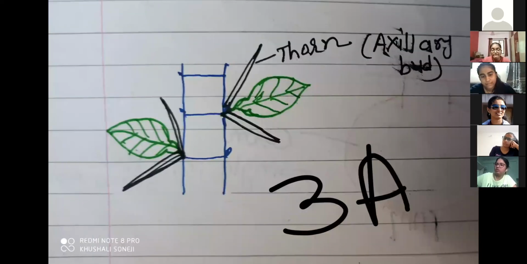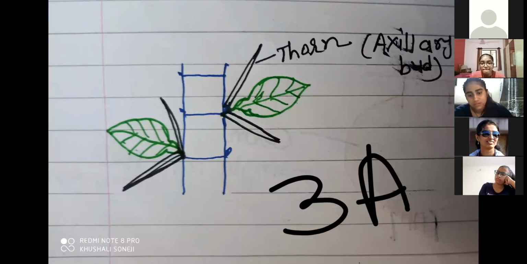Now the next modification that we call thorn. That is for protection. In that, see again, this is a stem. Over here, nodes are present.